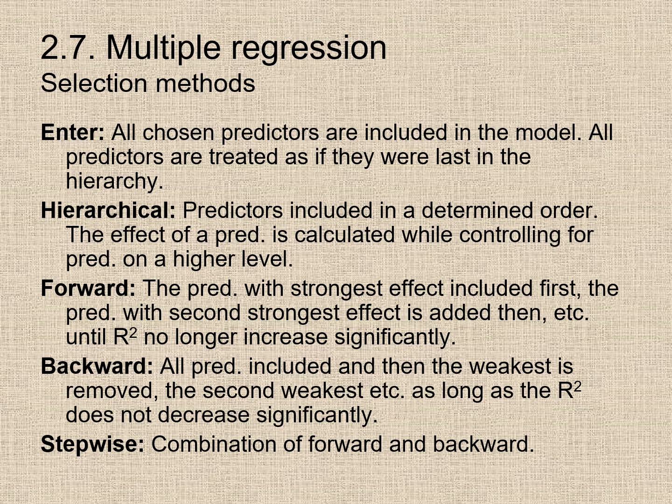So the coefficients in the end will be exactly the same. But what you can get here, for instance, is R square change. How much does the explained variance increase when you put in a new variable, already controlling for predictors that have been put into the model at an earlier step?